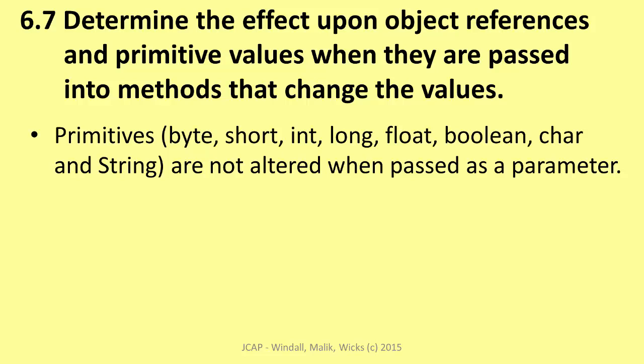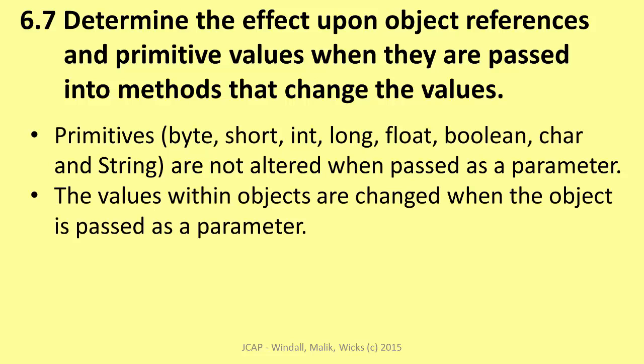So any parameters you pass in of these sorts will remain unchanged unless you alter them. The values within objects are changed when the object is passed as a parameter. So if you change the values of an object in a method, then those new values will be reflected in the old object. Let me show you this with an example.